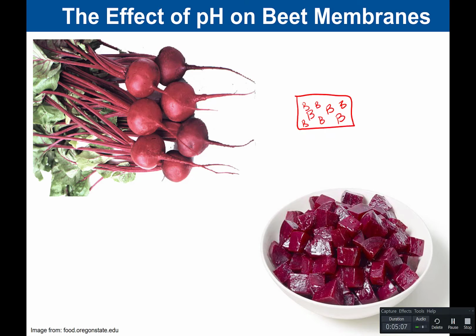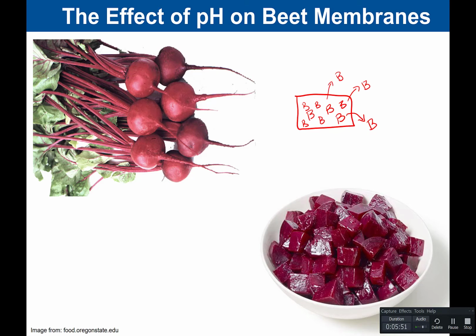So the beta-cyanin pigment is going to be within the beet cell. Now, as long as the membrane is intact, that pigment is going to stay in the cell. However, if the cell membrane gets damaged, what's going to happen is that the beta-cyanin is going to come out of the cell and leak into the surrounding solution.